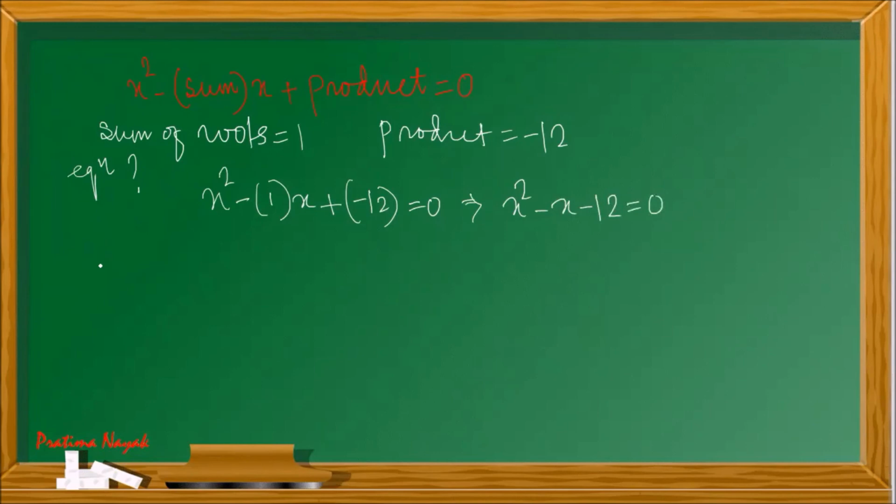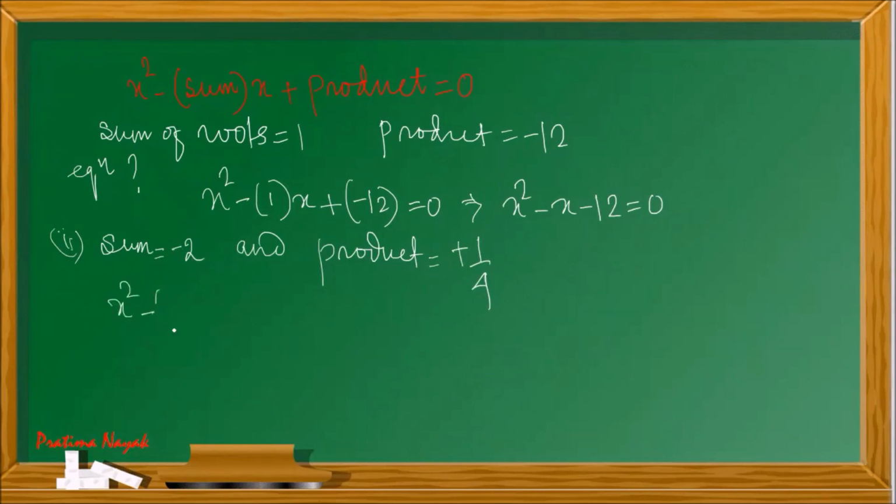Now let us take another example. Sum is given as minus 2 and product is given as plus 1 by 4. I'm changing it a little bit. So the equation will be x square minus sum.